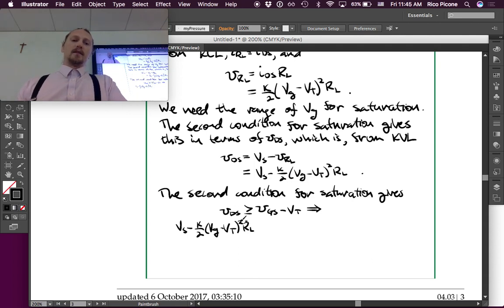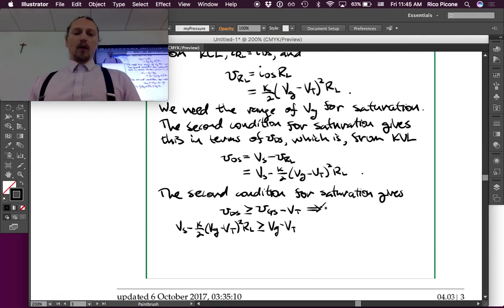So that's VDS. It's greater than or equal to the other side of the inequality, VGS, which is just VG minus VT. Okay?